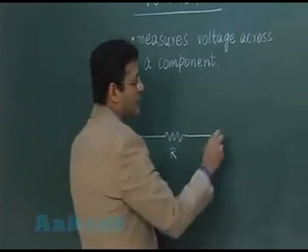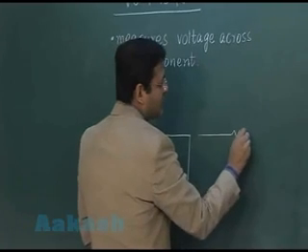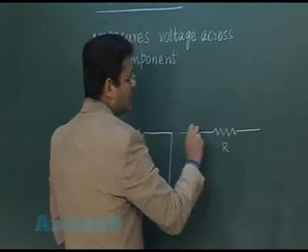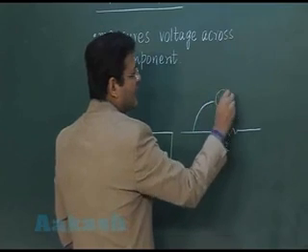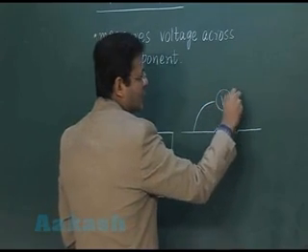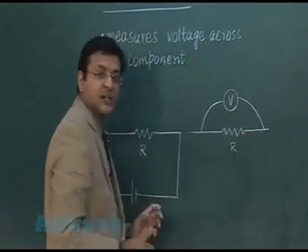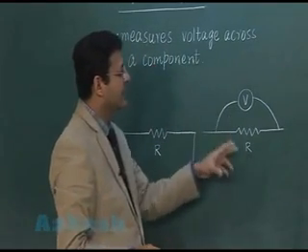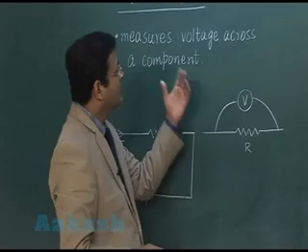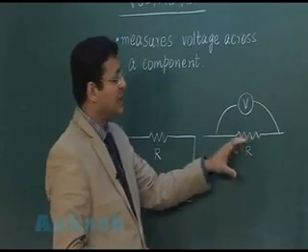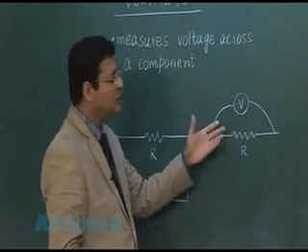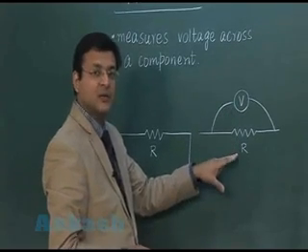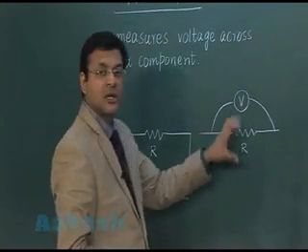Now if you want to measure the potential drop across this resistor, then the device should be connected across this, isn't it? That is why we wrote that it is measuring potential drop across a resistor, and hence we conclude from this fact that the voltmeter will be connected in parallel to the resistor through which you want to measure the potential drop.